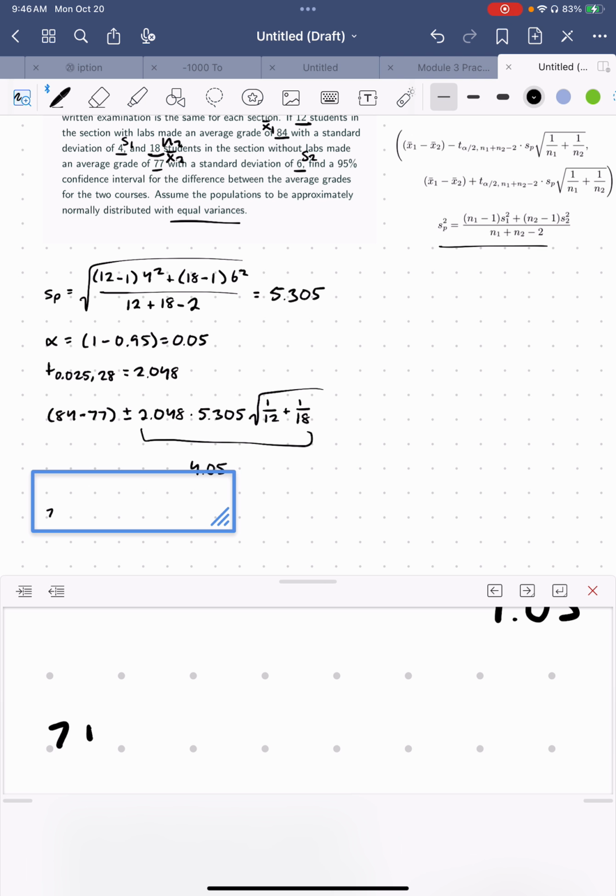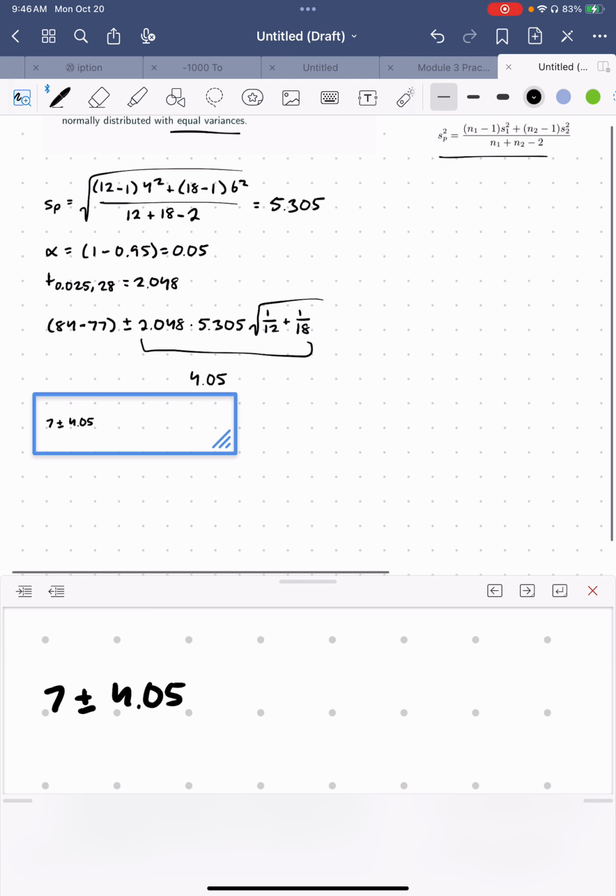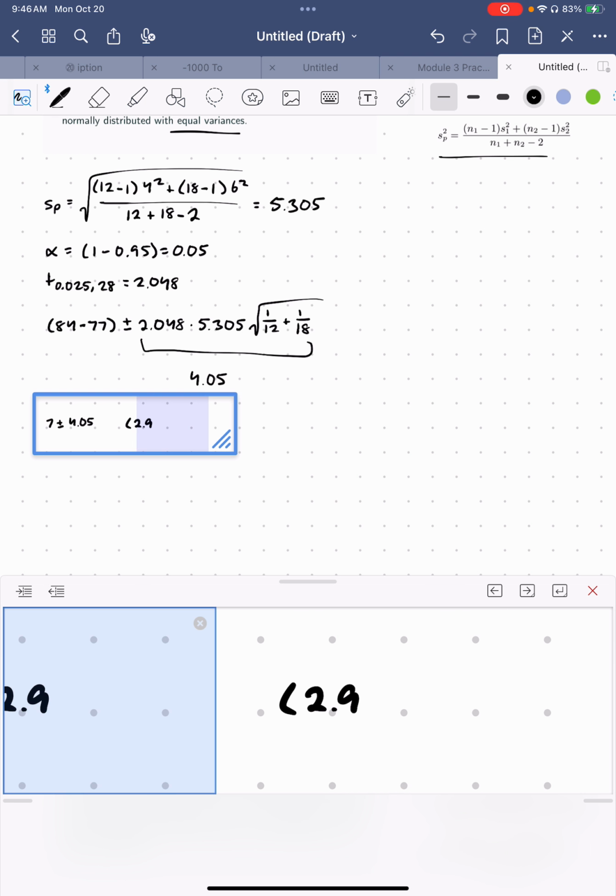So we have 7 plus or minus 4.05, and that's the same as 7 minus 4.05, so that's our lower bound, and that is 2.95.